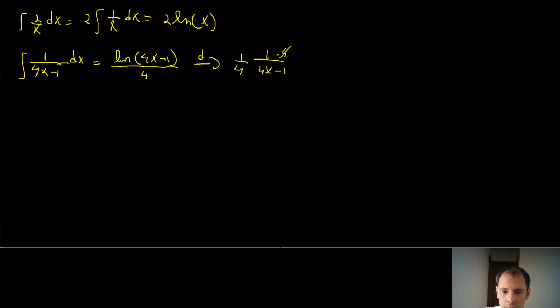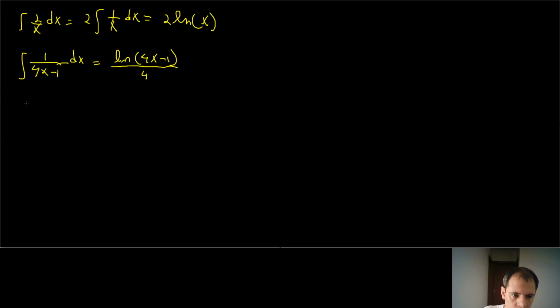So this 4 is going to cancel with this one, and you have 1 divided by 4x minus 1, which is what we had here. So when you're differentiating, you're multiplying by the derivatives of the inner functions. When you're integrating, you're dividing by the derivatives of the inner functions. So that's why we do this. This is the answer.